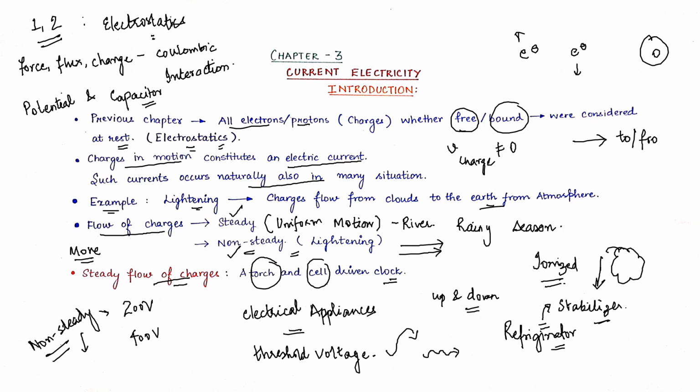So this is the introduction part. Now I'll explain very briefly what we are going to read in the chapter current electricity, just within a few seconds, so that we all have a broad idea of what we are going to learn and how these learnings are going to help us. First, in current electricity we are going to define what an electric current is.